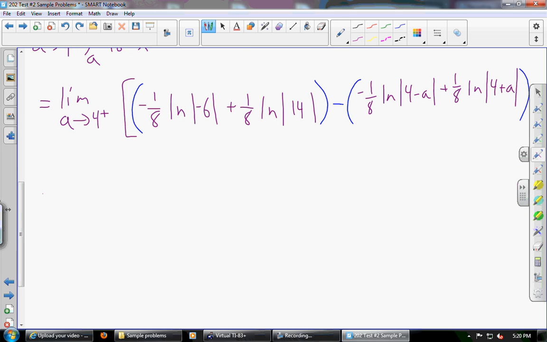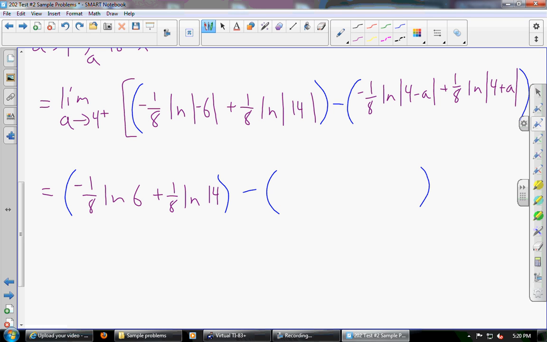Okay. So we can clean up the first part, although it's really the second part that's going to be the issue. The first part in the first blue parentheses doesn't have any a's in it, so I can just copy it. Negative 1/8 ln of negative 6 in absolute value becomes 6, plus 1/8 ln of 14 doesn't need absolute value. I'll put it in parentheses again just to match it with the previous ones, minus, and then here's where we really need to think about what's happening.